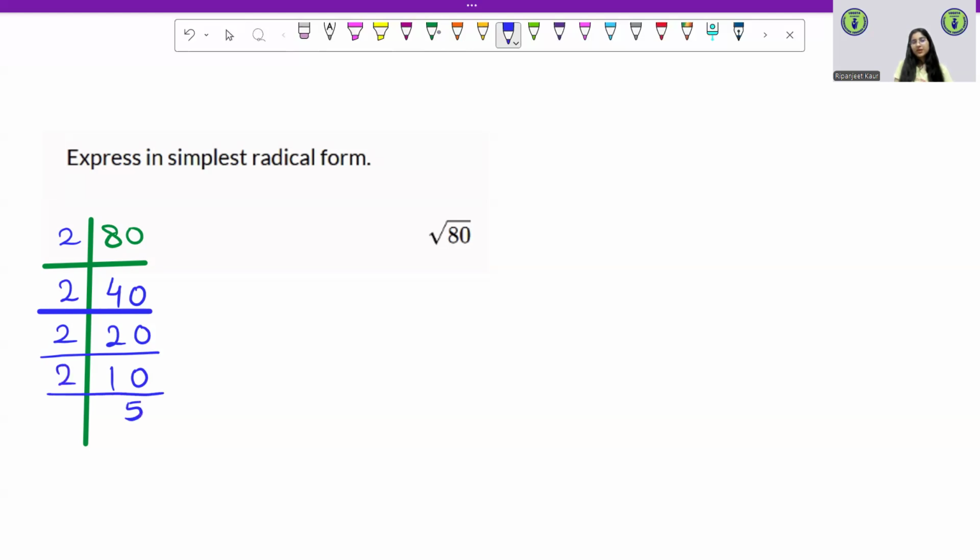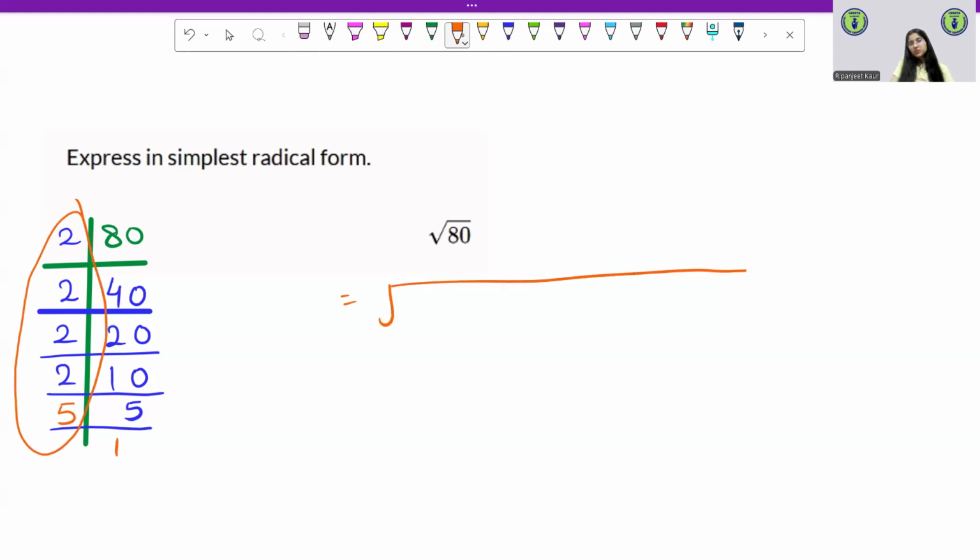We do it till we get a 1 at the end. With 5, we get 1. All these numbers written on the left are the prime factors of 80 because they make up 80. So 2 times 2 times 2 times 2 times 5.